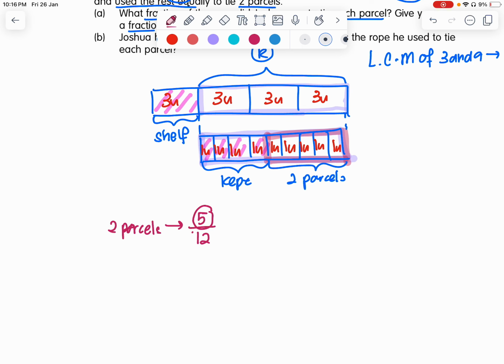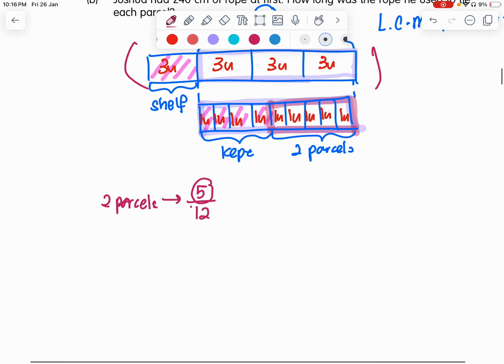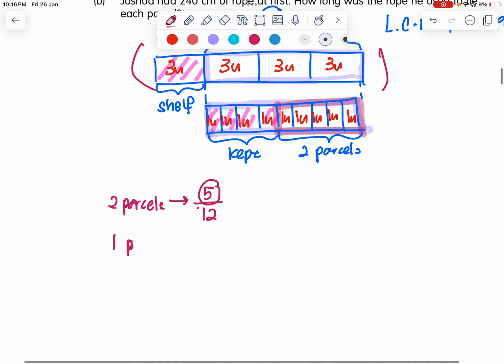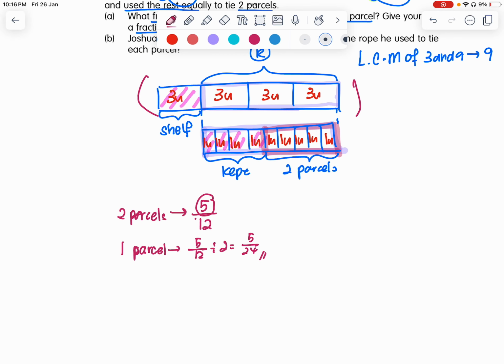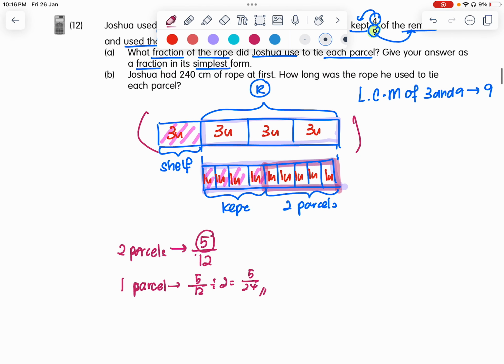The entire total here is only 1 whole. So the 2 parcels is 5/12, so 1 parcel will be 5/12 divided by 2, which is 5 out of 24. That's the answer for the fraction of the rope used to tie 1 parcel.